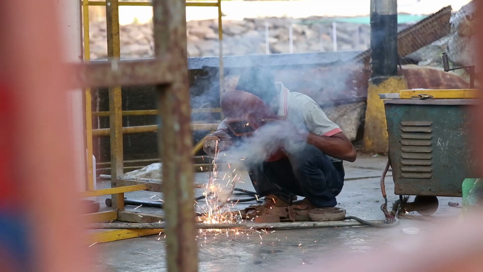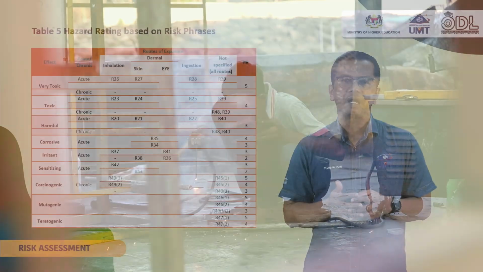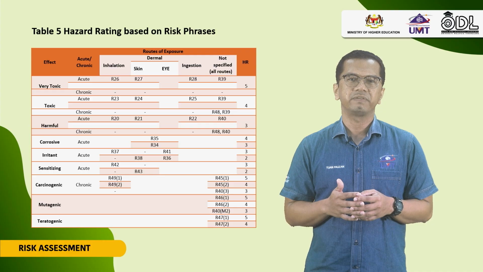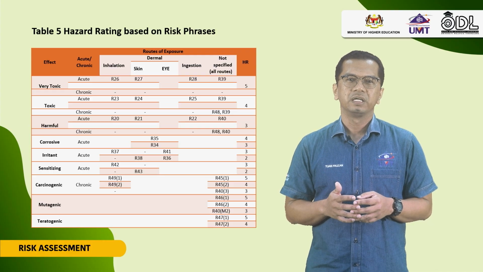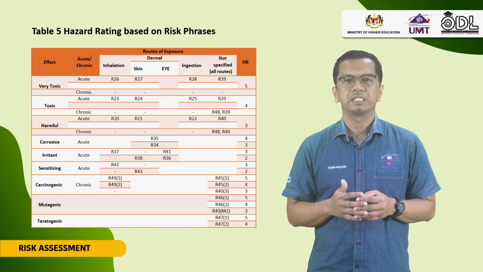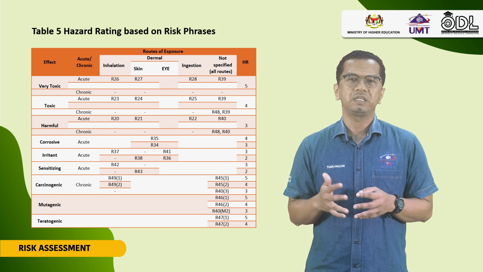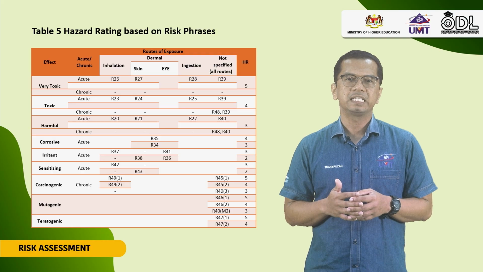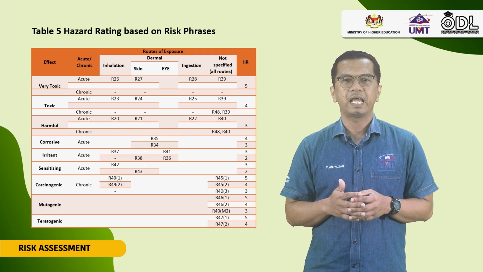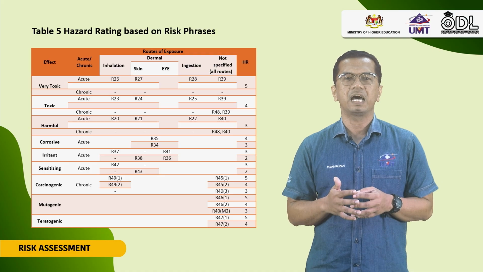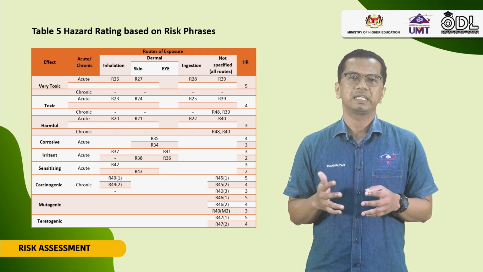Chemicals with risk factors like R26 through R28 or R39 are considered very toxic, earning the highest hazard rating of 5. Toxic chemicals, such as those with risk factors of R23 to R25 or R48, receive a hazard rating of 4. Harmful chemicals, like those with risk factors R20, R22, or R40, are rated at hazard level 3.